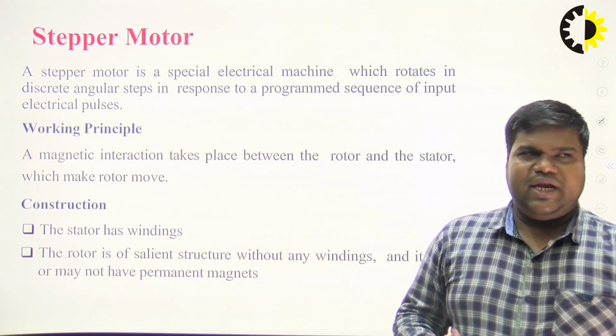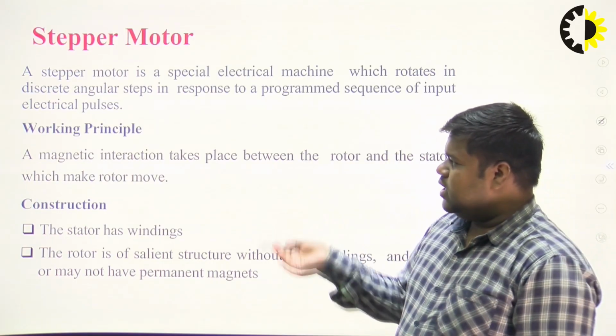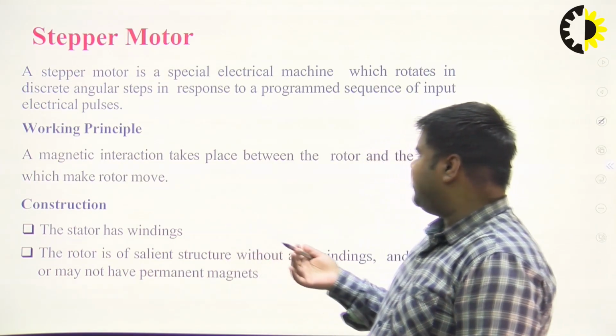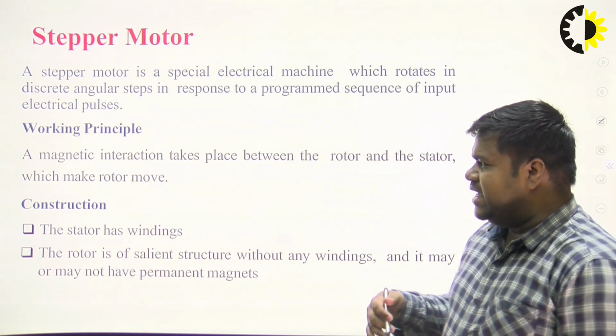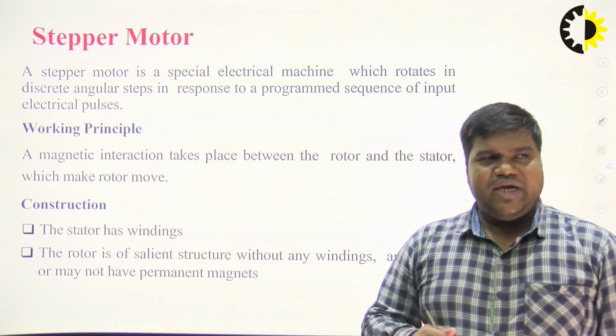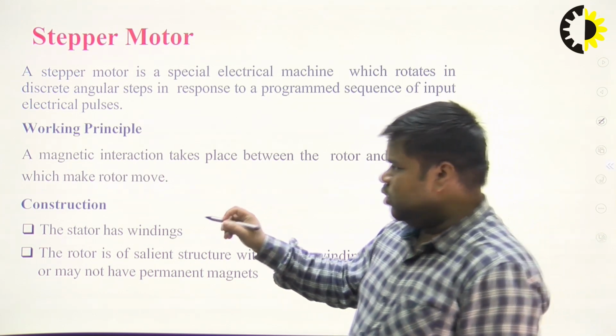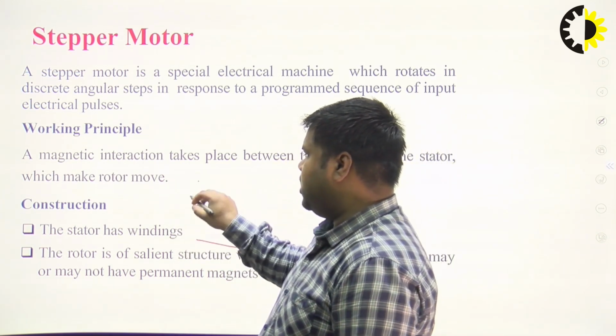These are electrical pulses. If we see the principle, a magnetic interaction takes place between the rotor and the stator, which is responsible for moving the rotor of a stepper motor.